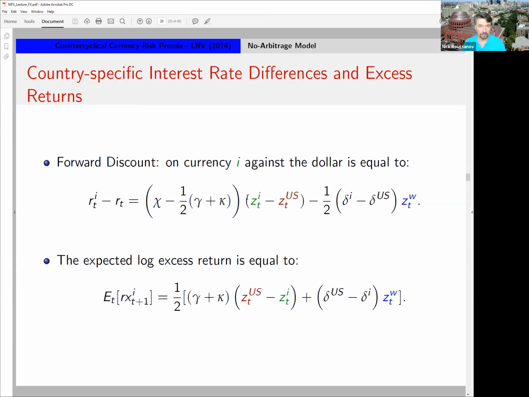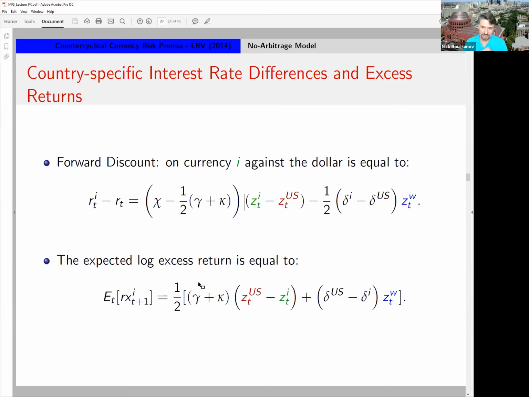And of course, with the sign that's controlled by these parameters here, but basically you need the risk terms that show up in this Jensen component to dominate, so that we get a counter-cyclical forward discount, so that the average forward discount is high when the US is at the low point of its business cycle, and vice versa.